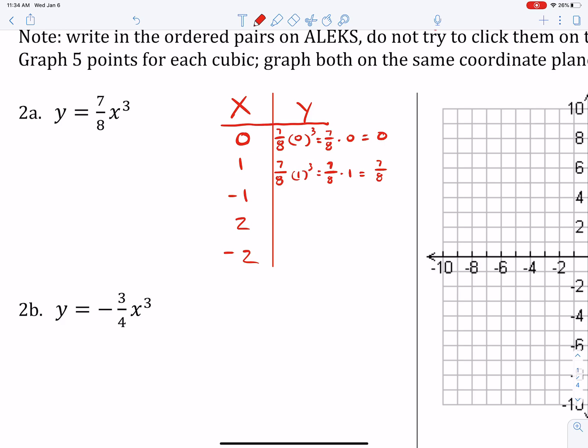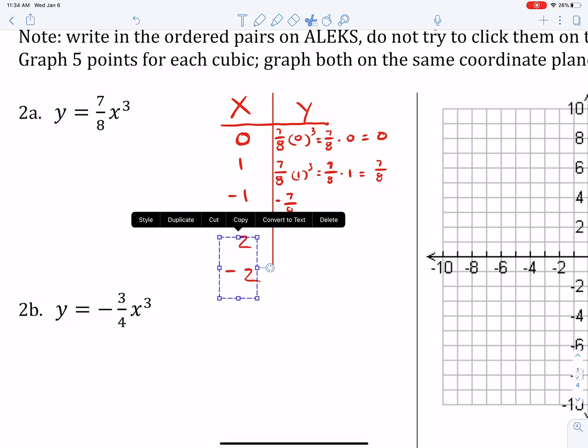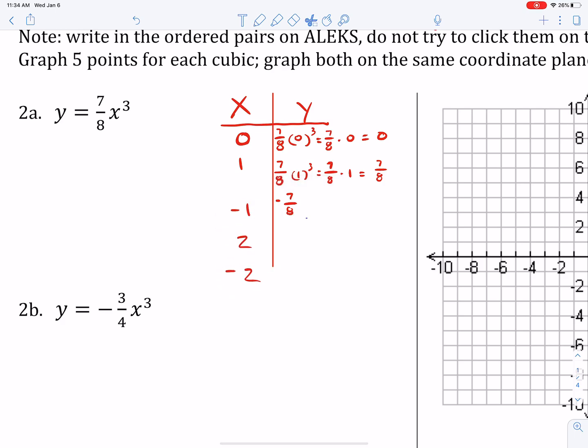Then we have -1. Well, your answer, if you plug those in just to make things go faster, is just -7/8. And then let's move everything down here so it's not too crazy. Then we have 7/8 times 2 to the third power.